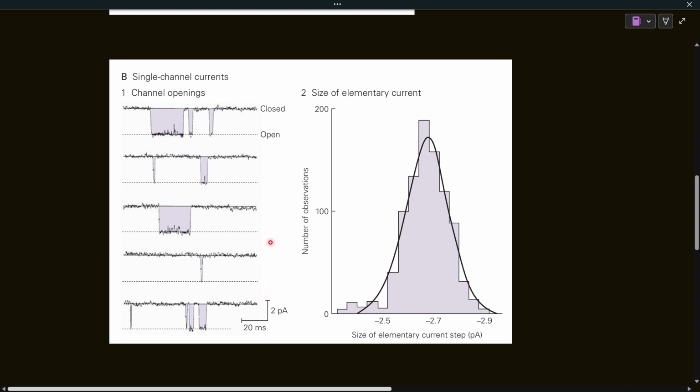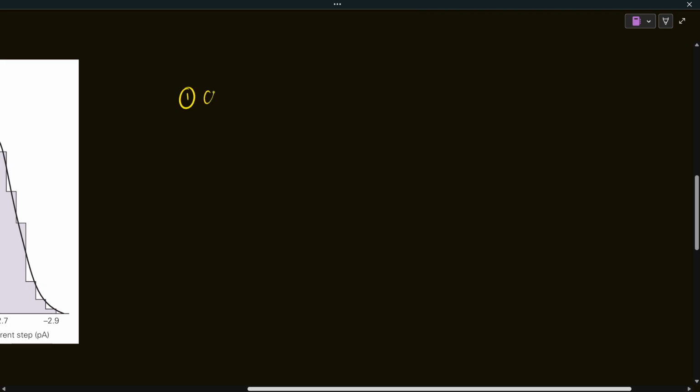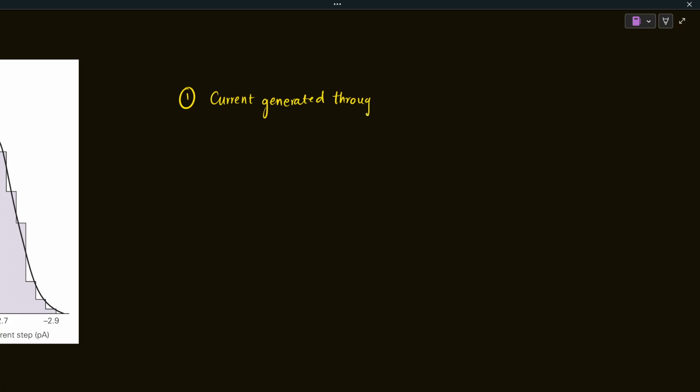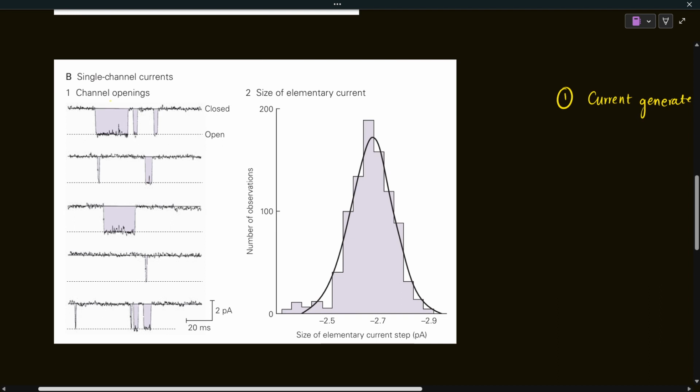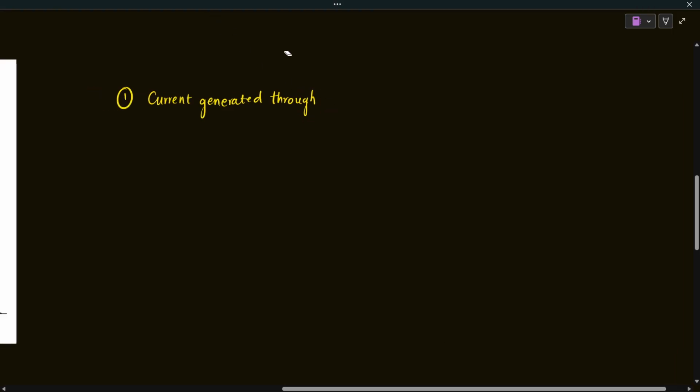This was the very first inference that was made by them, that the current generated through a single channel is the same. Those recordings are done for single acetylcholine ion channels, because the patch clamp almost separates a single acetylcholine receptor.